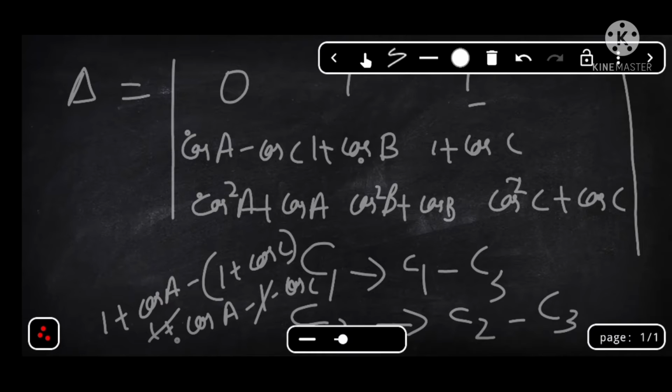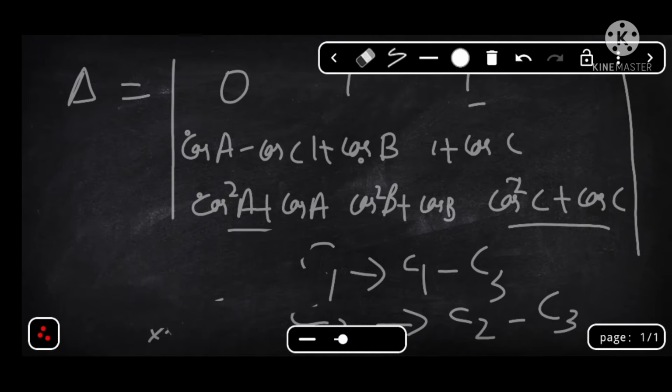Now for here, similarly we will put cos square A plus cos A minus, in bracket, cos square C plus cos C, right?